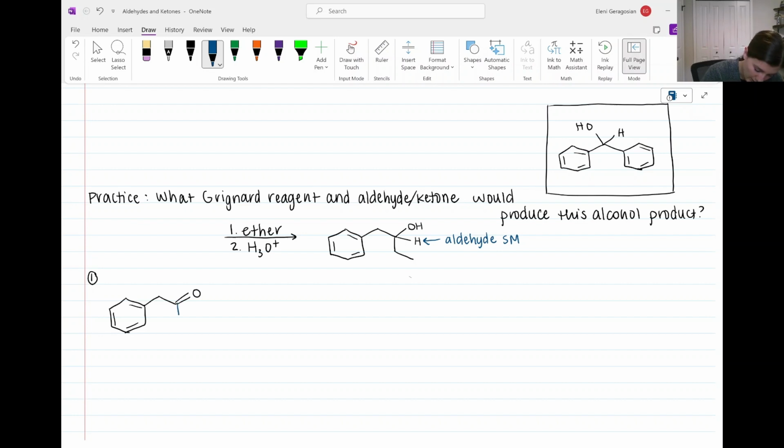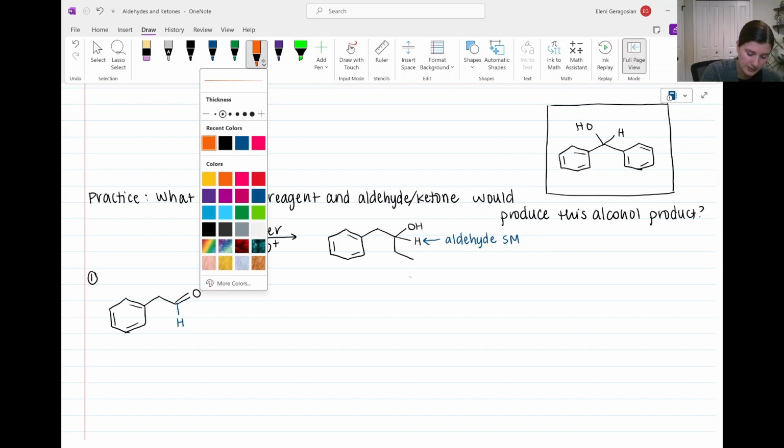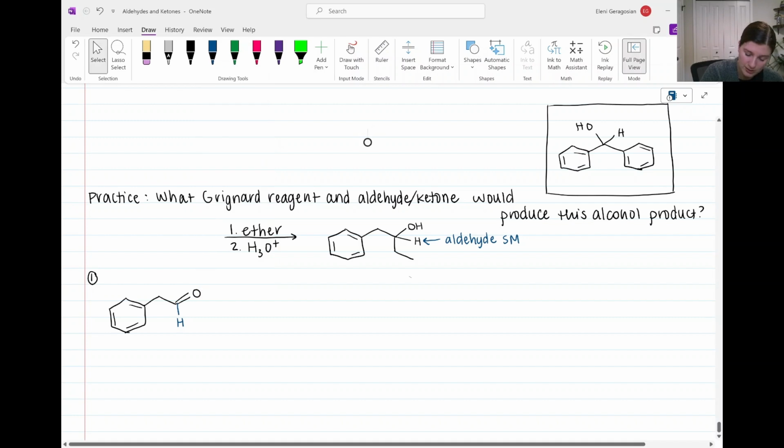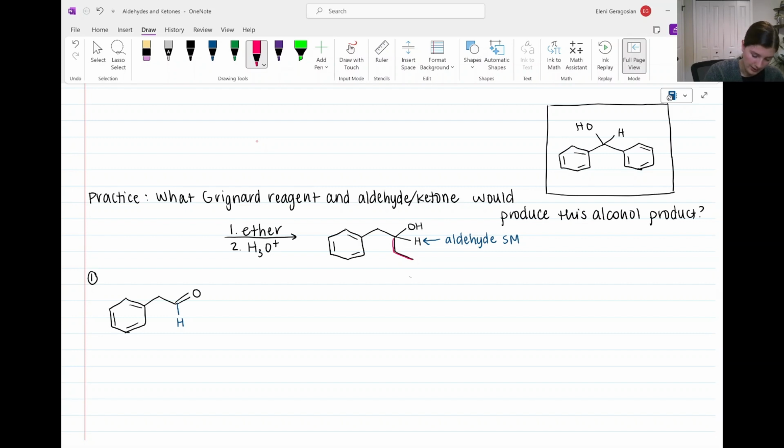So we know we're starting with an aldehyde. This could be one starting material. And if this is the aldehyde starting material, then the carbon chain that's getting added is this ethyl group right there. So then we must have an ethyl group bonded to a magnesium bromide to generate that final product.